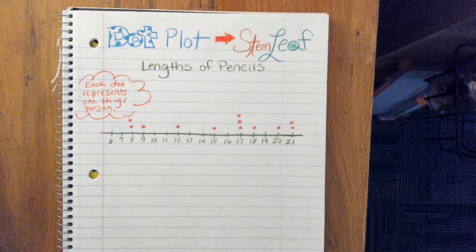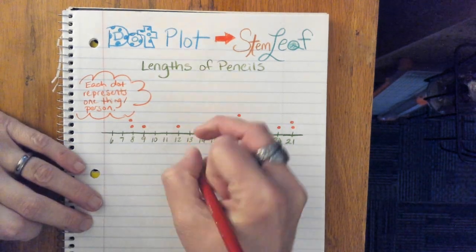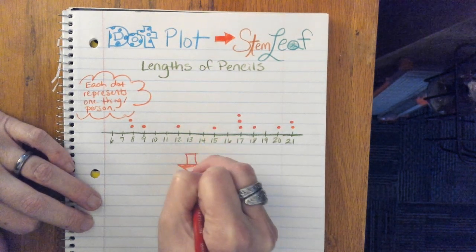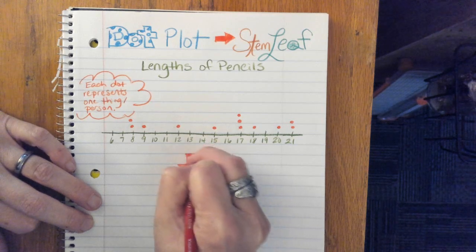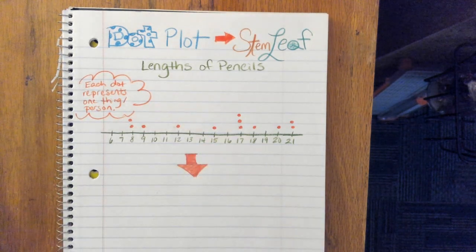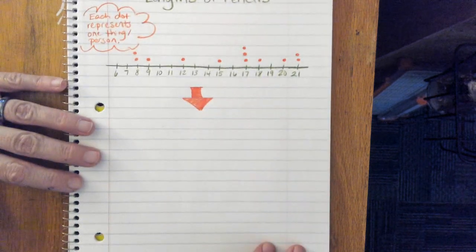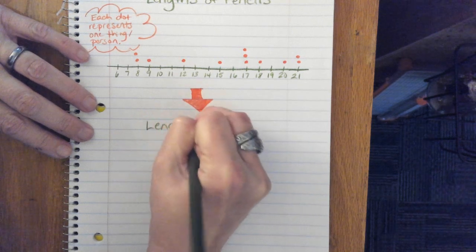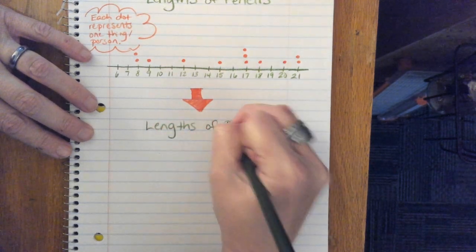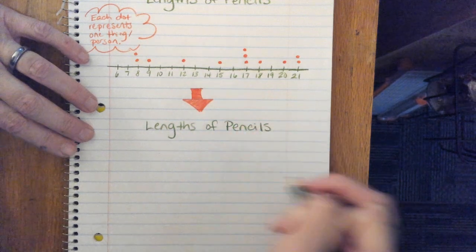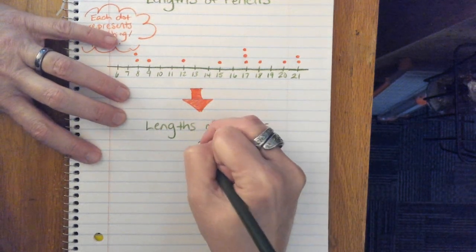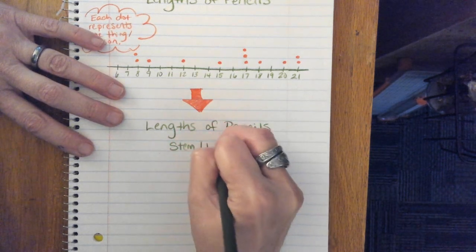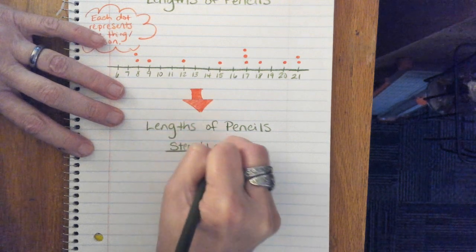Okay? But now I'm going to take this dot plot and turn it into a stem and leaf plot. So a stem and leaf plot will have a title just like a dot plot. The title is Lengths of Pencils. A stem and leaf plot has a stem side and a leaf side.